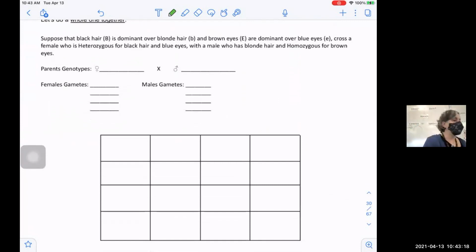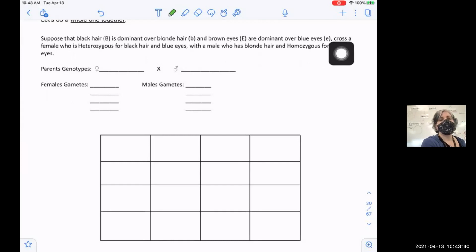Okay, so we're going to now get away from P's and start looking at humans. So we're going to suppose that black hair, we're going to use an uppercase B, is dominant over blonde hair, lowercase b. And that brown eyes, big E, are dominant over blue eyes, little e.